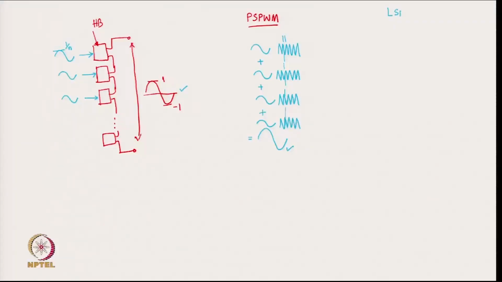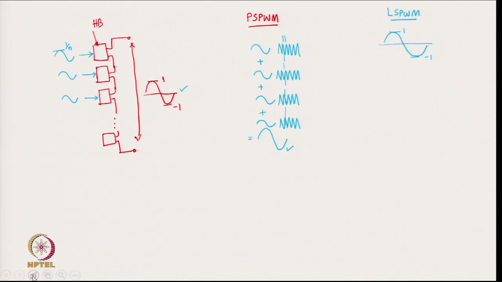Now, what happens in level shift PWM? Now, if you see the level shift PWM, in this again we would like to produce this big sine wave of 1 and minus 1 here.